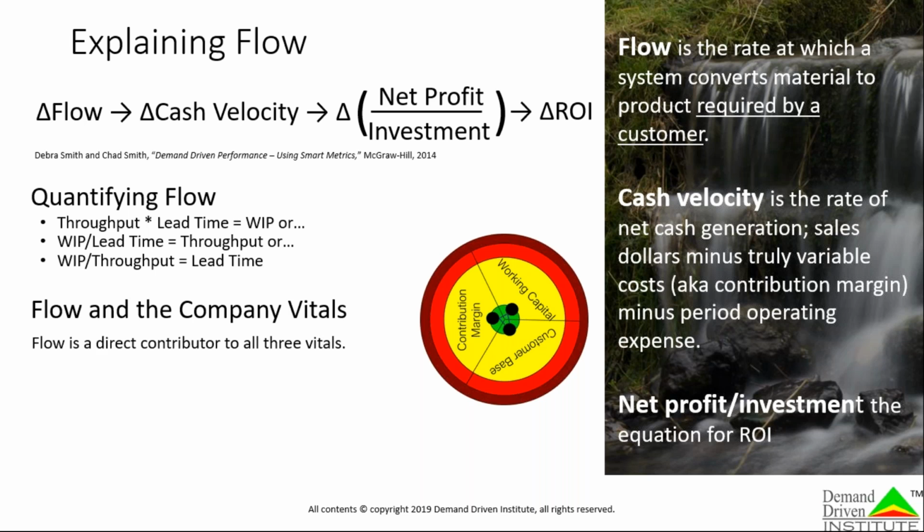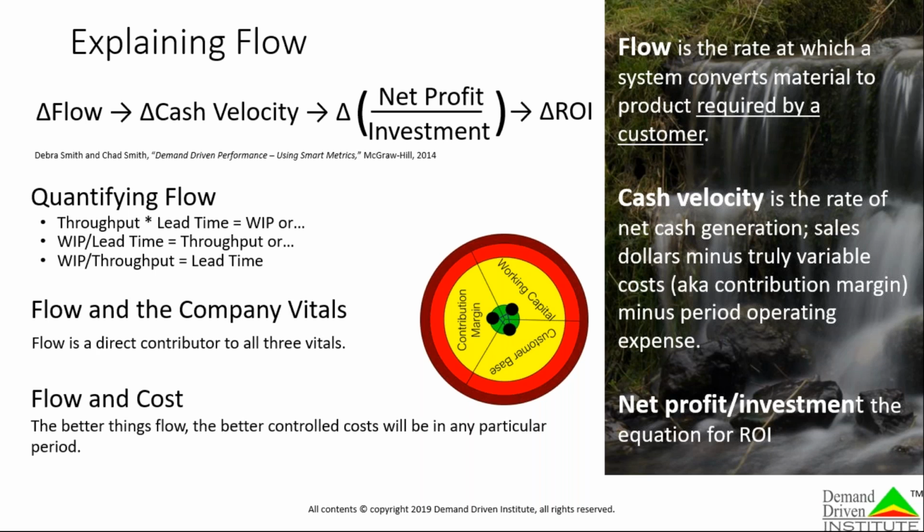We know that flow directly impacts all three of these company vitals. And there's another thing we know. We know that when things flow well through a period, cost is under control. In fact, if you look at any cost equation, cost is simply a measurement of past activity through a defined period. So if through that defined period, flow occurred well, we protected and promoted flow, then by definition, our costs will be under control.